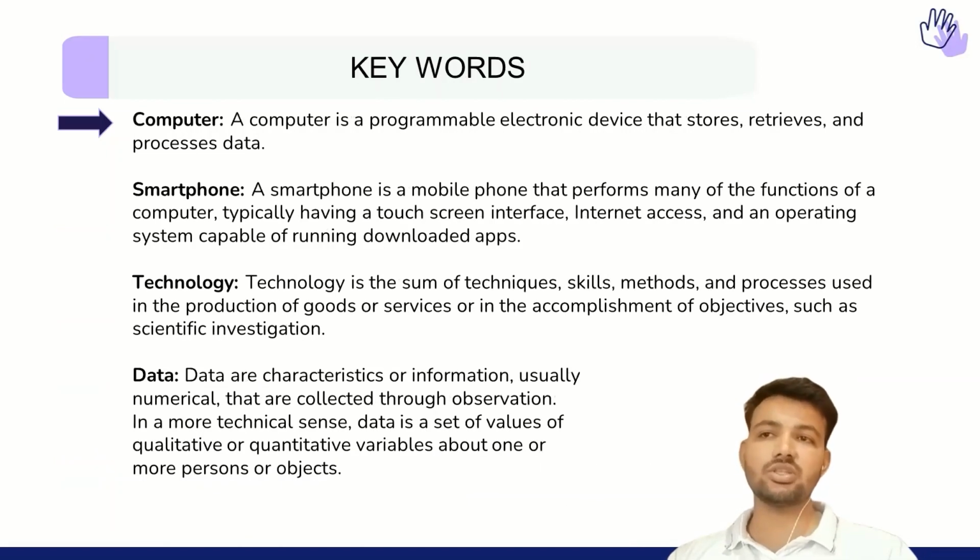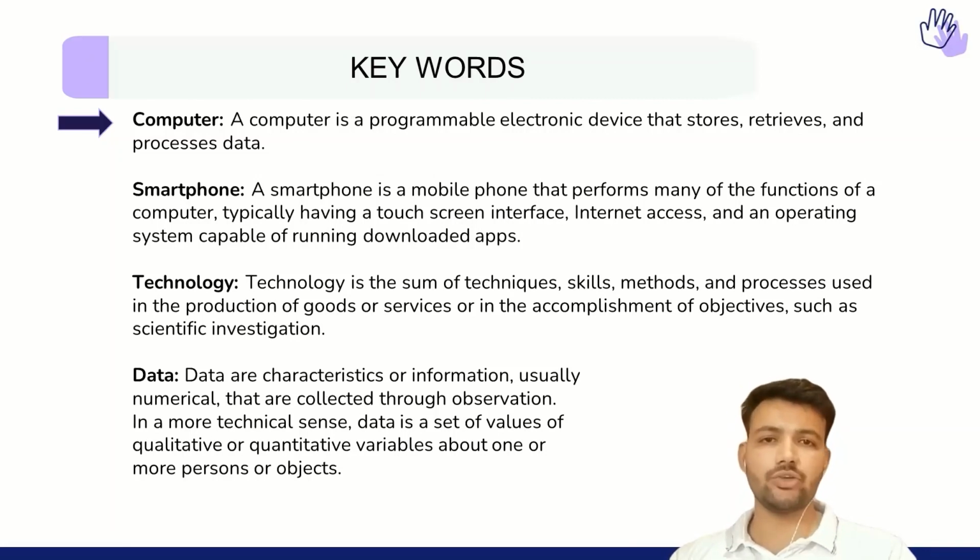Now let's discuss some of the keywords. कि computers क्या होते हैं, we have discussed. Now smartphones. So smartphones are basically a mobile phone that performs many of the functions of a computer, but typically have a touch screen interface, an internet access, and an operating system capable of running and downloading apps.